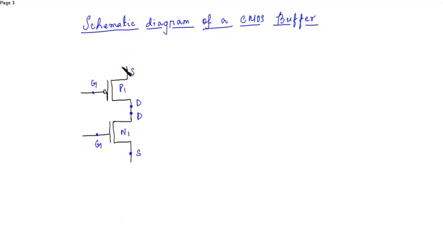The source of the PMOS is connected to VDD. The source of the NMOS is connected to ground. The two gates are joined, which gives the input, that is A. Output is obtained from the common drain, that is A bar.